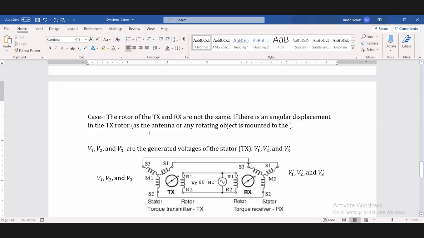As the antenna or any rotating object is mounted with it, now it makes sense.